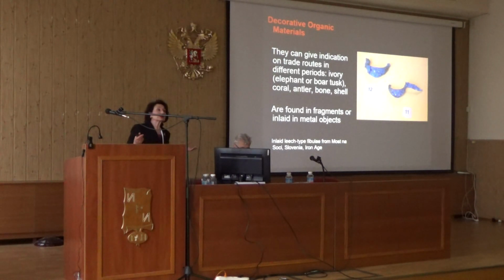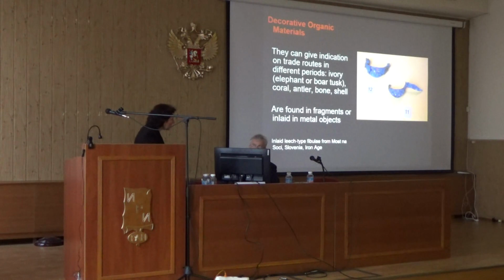Sometimes we have decorative materials which we cannot identify precisely. For a long time, these inlays in these leech-type fibulae from Slovenia, from Most na Soči, you can see the inlays, they are white, and the XRF said that it was calcium carbonate.